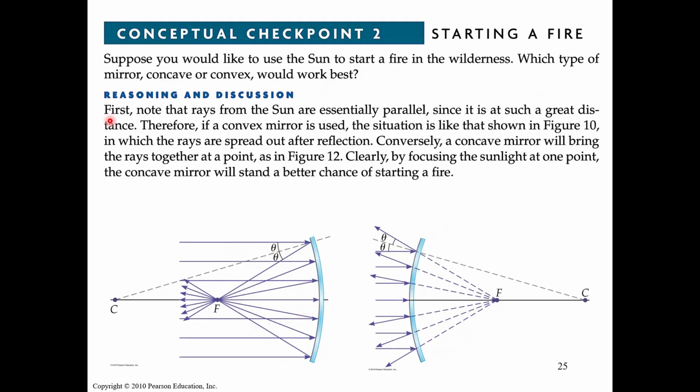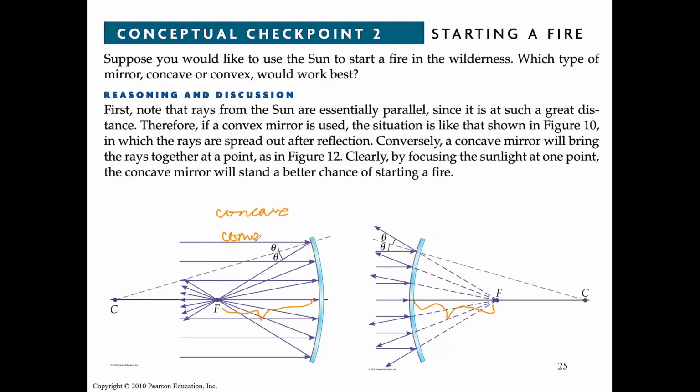Okay. So they both have a focal point, and the focal lengths are both half r, but there's an important distinction between those two cases. In the case of a concave mirror, the reflected light rays will actually converge.